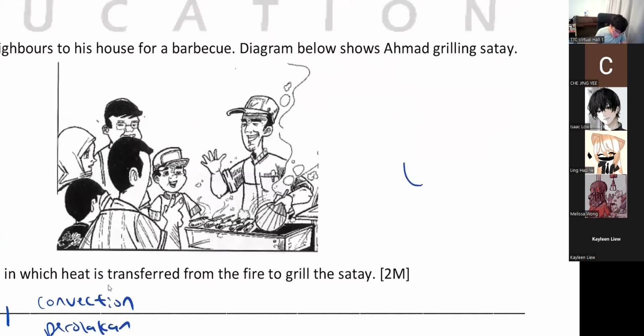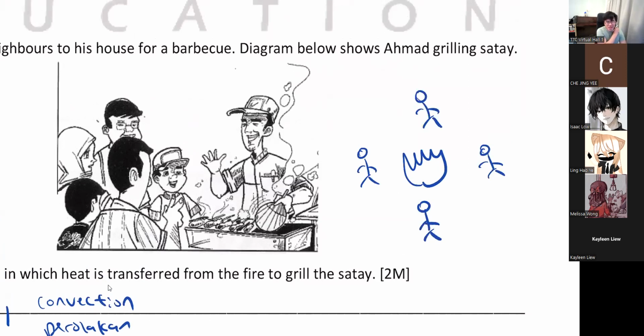If you have a fire, guys, let me ask you: if you stand beside the fire, below the fire, or above the fire, which place do you think feels the hottest? Imagine there's a grill and you're grilled by the fire.